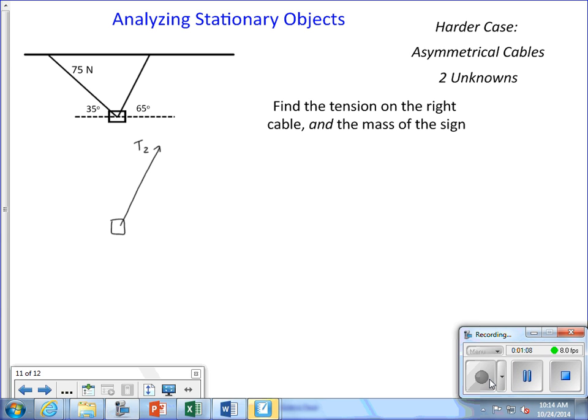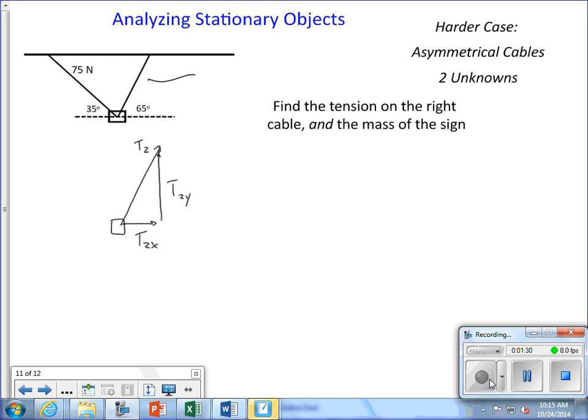Let's say here's T2. T2x looks like that. T2y looks like that. Why did I start with T2? Actually, I did it because I know that T2 is going to be the bigger force. We talked about that.